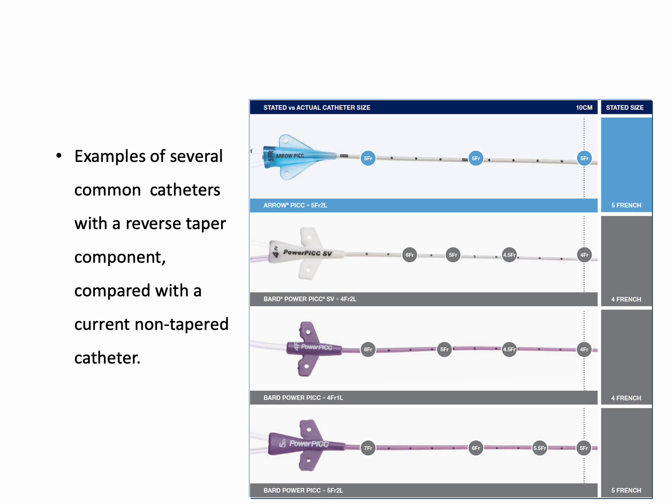So the question is, would you insert a 7 French triple lumen catheter in a patient's upper extremity if you knew that the size of the catheter was influential? This is a common dilemma amongst clinicians, and it's something that we need to make sure that clinicians think about when they're using PICCs, because a PICC is still a CICC, it just happens to be inserted in the upper extremity.